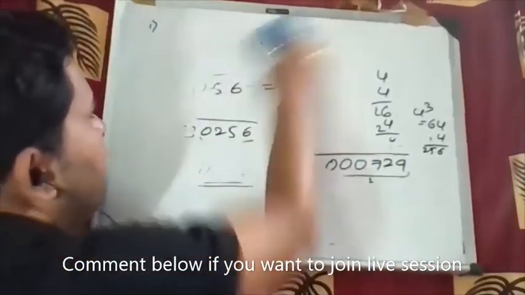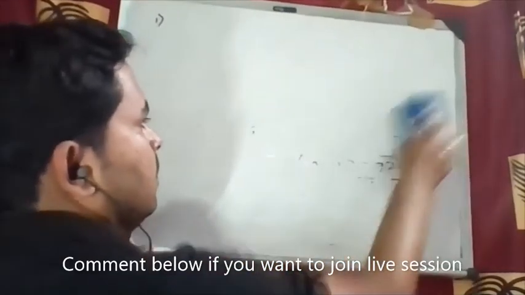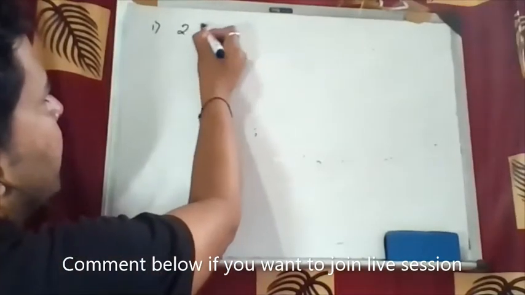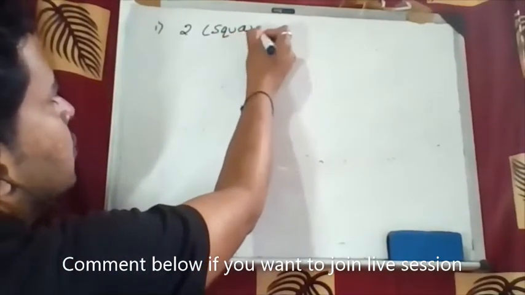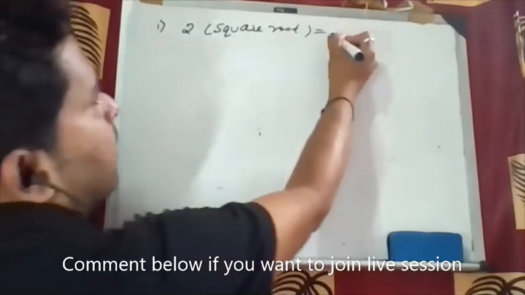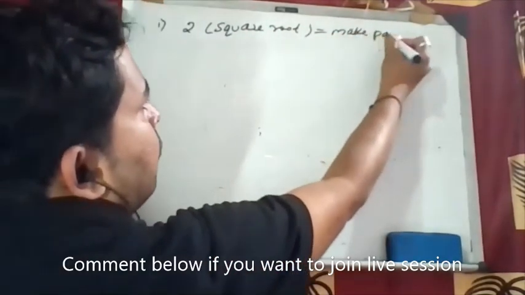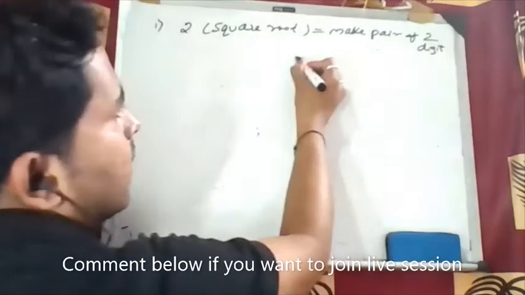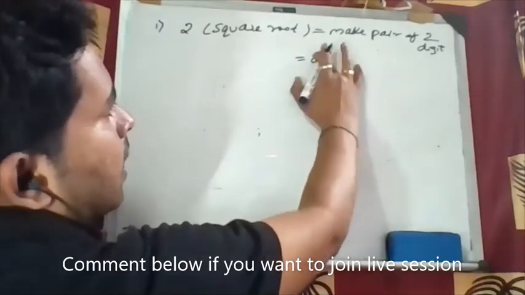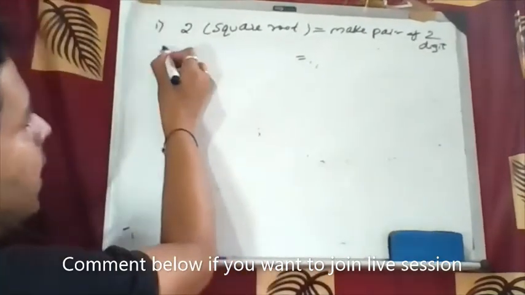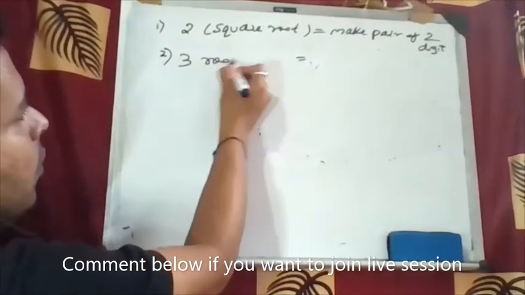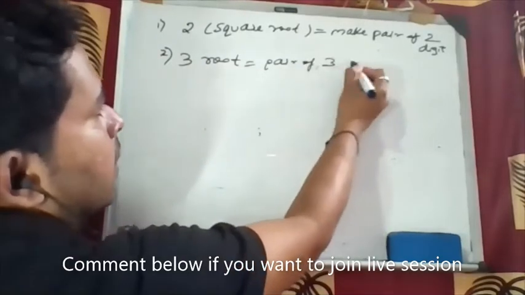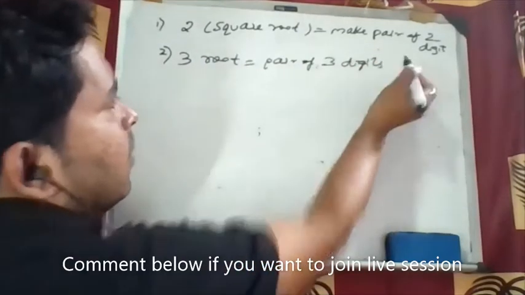Okay, so I'll just repeat. See here, if they ask to find a square root, make a pair of 2 digits and keep the decimal points according to how many pairs it contains. If it is a cube root, make a group of 3 digits and keep the decimal value according to that.